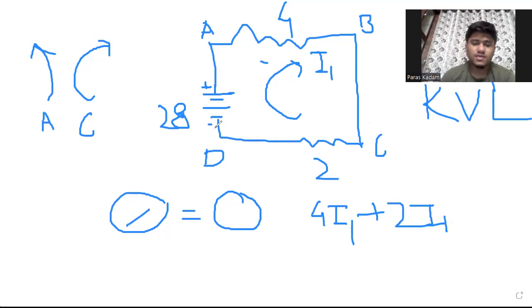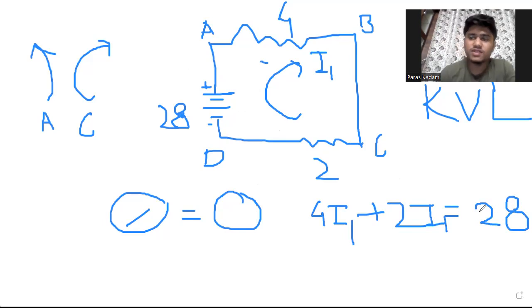Then I am observing a voltage source. The rule is I have to write this voltage source on the right hand side. I have written here positive 28. Why? Because voltage is increasing.